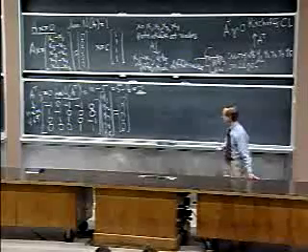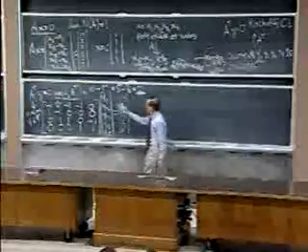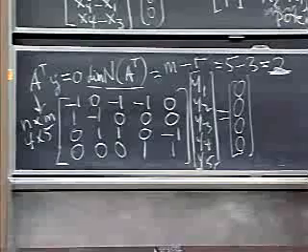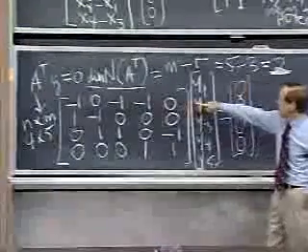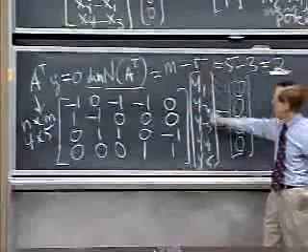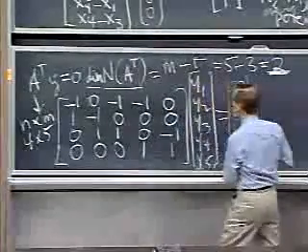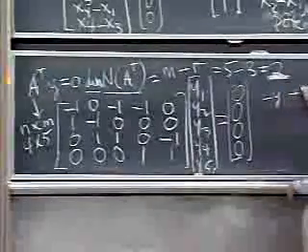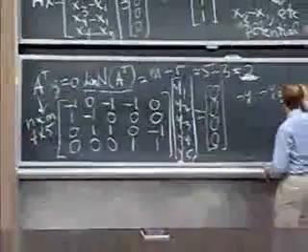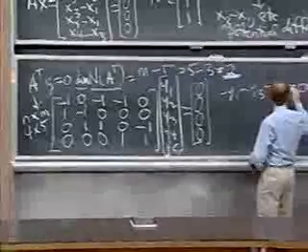So we better understand what that law says. That law, A transpose Y equals 0. What does that say? The first row of A transpose says minus Y1 minus Y3 minus Y4 is 0.